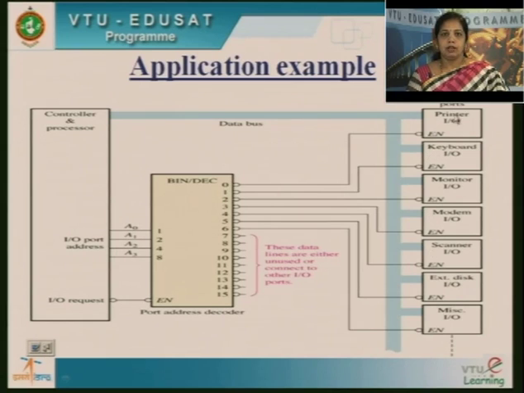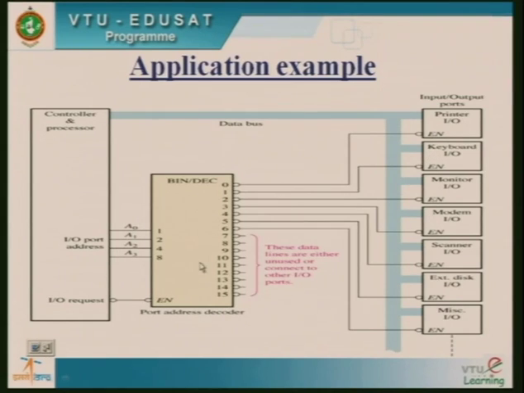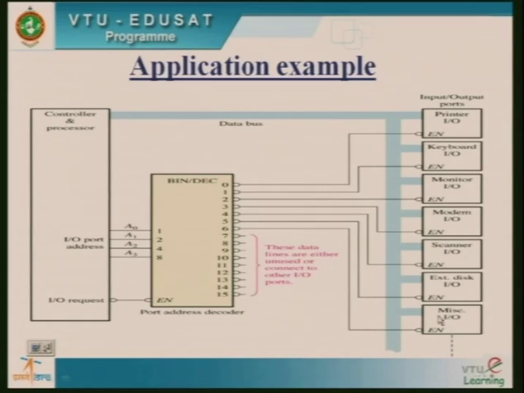This is how I can make use of a decoder for port address and for connecting it to IO ports. There is a direct data bus connection from the processor to all of these devices. All of these data lines are connected to each of the devices. So at a time I can activate individual IO ports by giving a specific code.